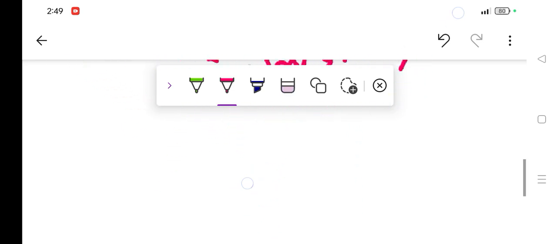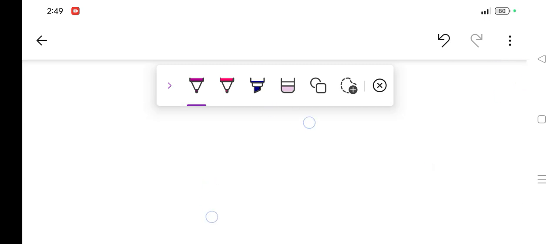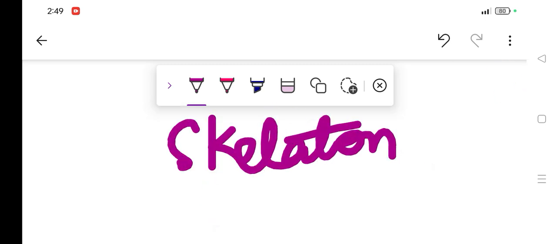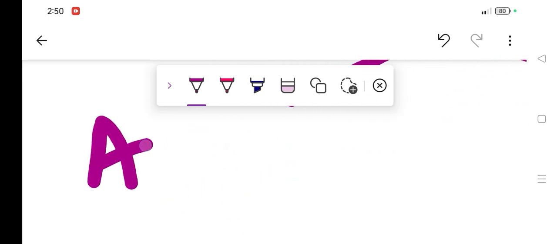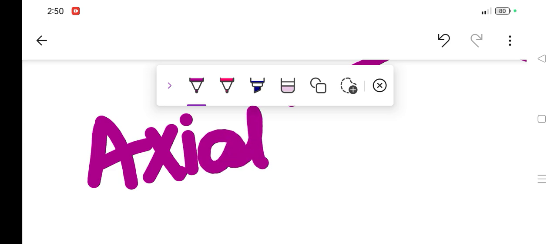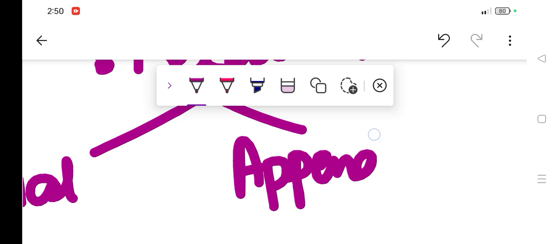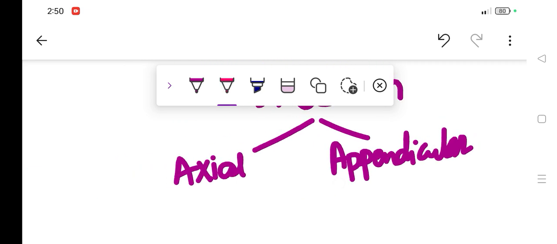Then comes the next: we have two types now of skeleton, right? The first one is called the axial skeleton. The second one is called the appendicular skeleton. Let's check what these are. The first one is axial, the second one appendicular.